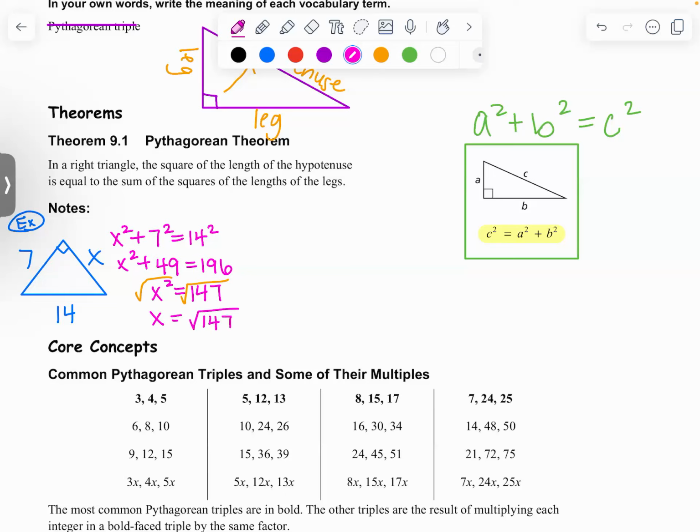But what we're going to do differently today is we're going to just simplify the radical as opposed to putting that in our calculator. So do we have a perfect square that divides into 147? It's 49. 49 times what? So since 147 is 49 times 3, then we can write our answer as 7 square root 3.